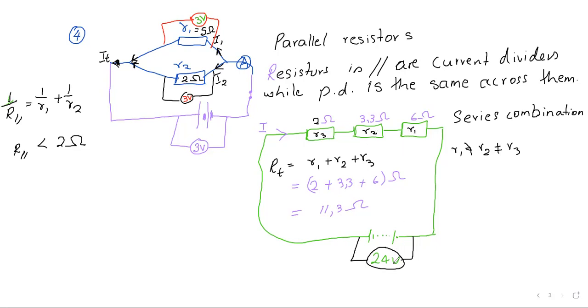Now they are not identical. Therefore, they will have different voltages. Let's say this one has 12 volts, this one here has 8 volts, and this one here will have 4 volts.